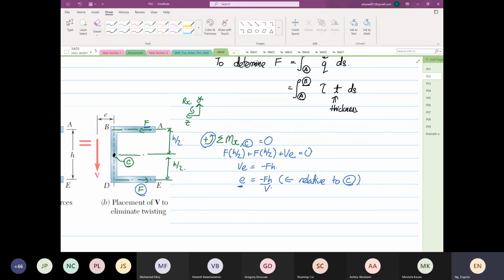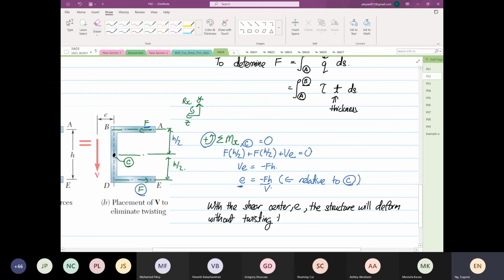If it's positive, it'll be on the right-hand side relative to point C. Once we find the shear center E, the structure will deform without twisting.